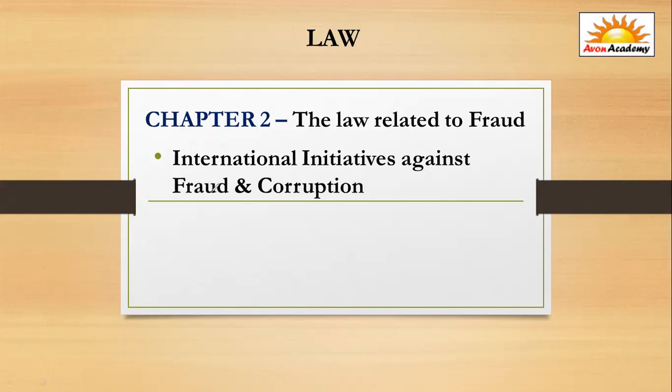Like we have an organization for economic offenses, you have the OECD, that is the Organisation for Economic Co-operation and Development. Okay, and then you also have the UNCAC, the United Nations Convention Against Corruption.